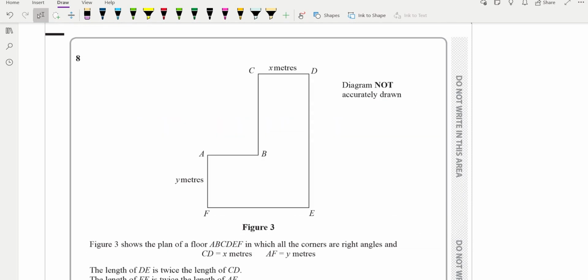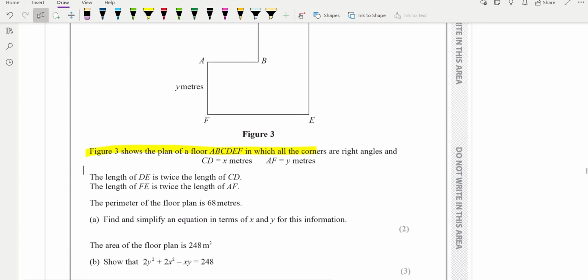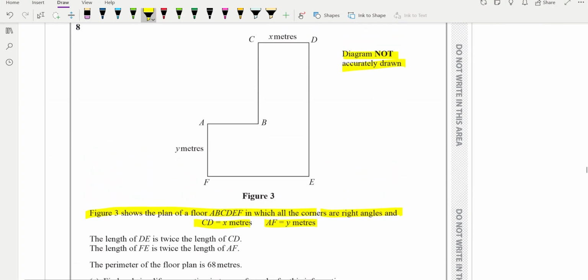Question number 8. Diagram is provided which is not to scale, not accurately drawn. Figure 3 shows the plan of a floor ABCDEF in which all the corners are right angles. CD is equal to x and AF is equal to y, which is provided over this one and this one.